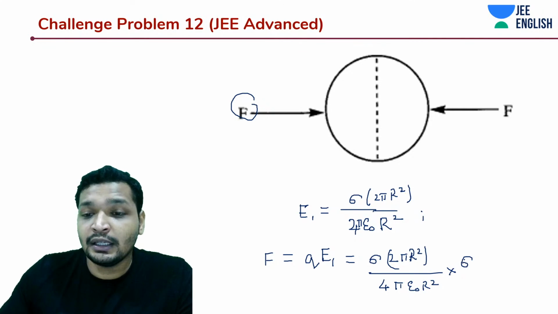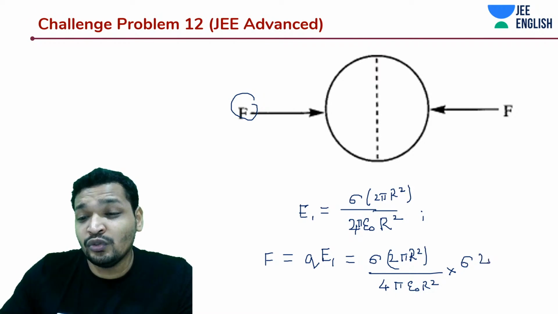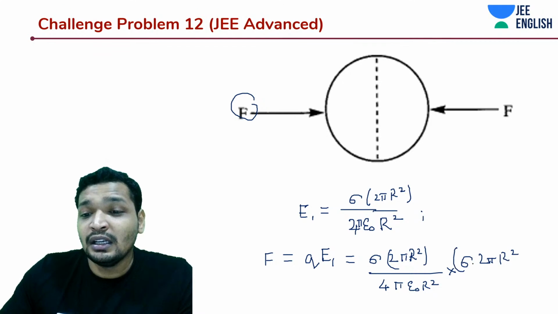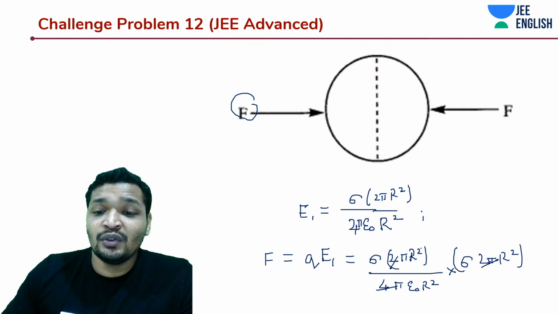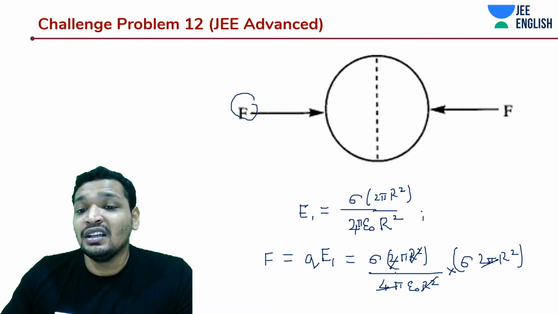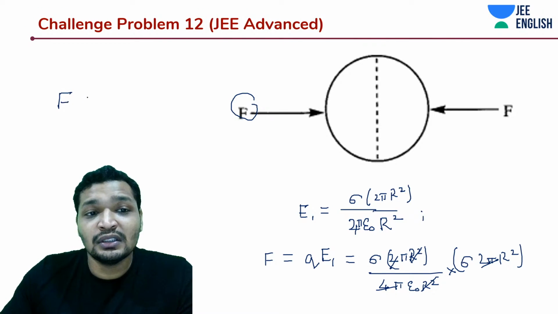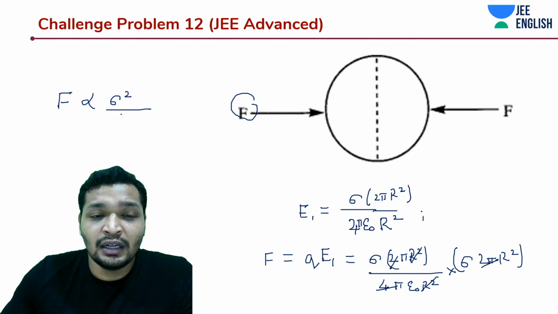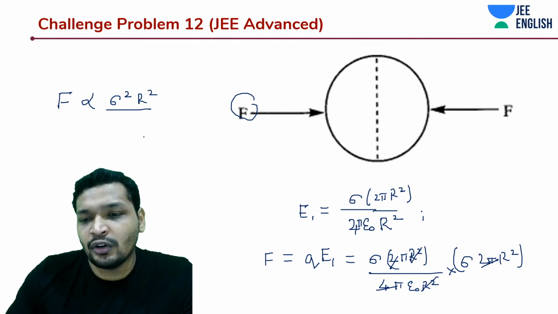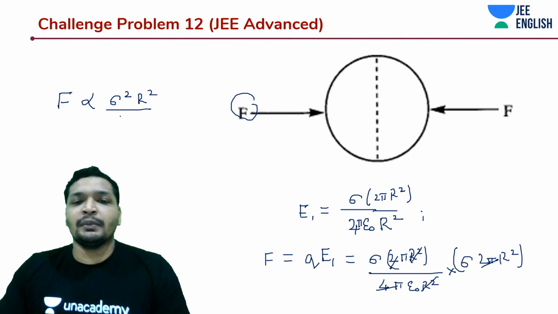And this should be like sigma into 2 pi r square, and the 4 pi and 2 pi and another 2 get cancelled, and you'll also have r square cancelled out, and your force is proportional to sigma square r square by 2 epsilon naught.